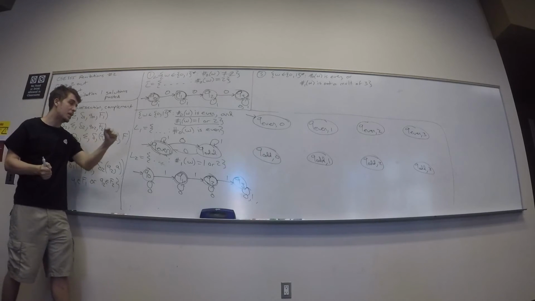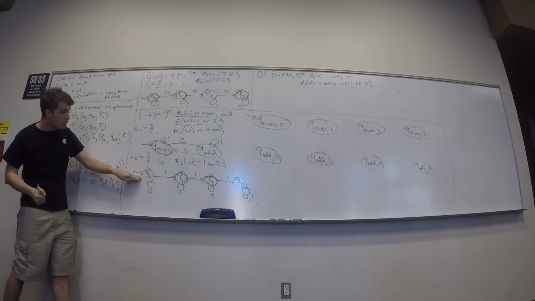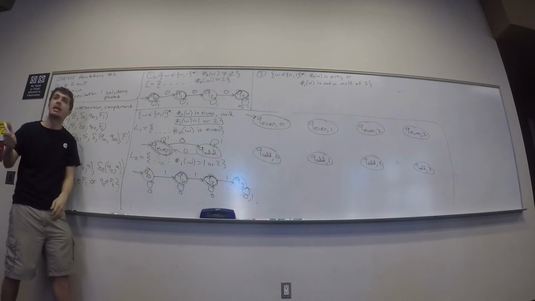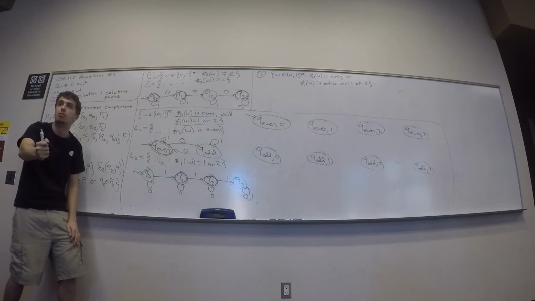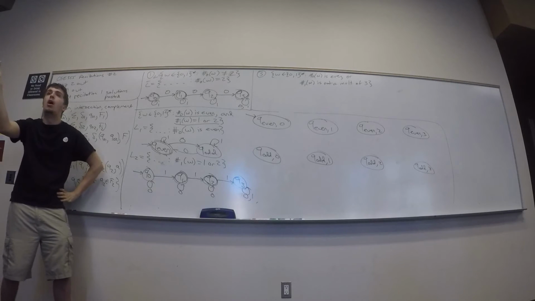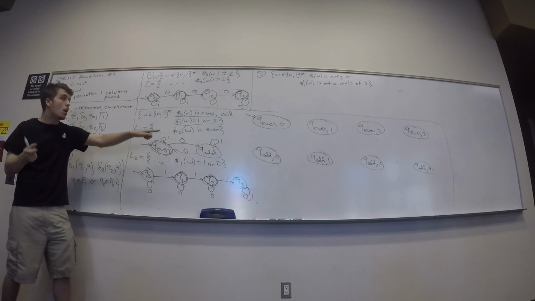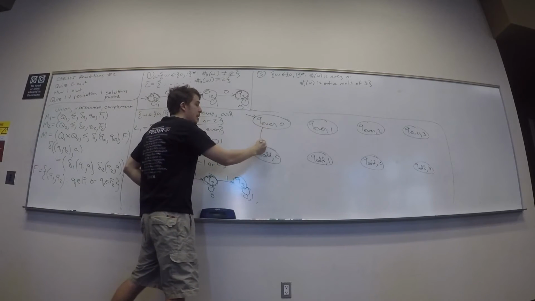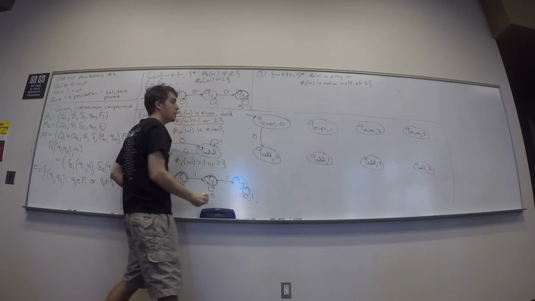Right? Q0 on 0, where does that go? Well, it does that self loop, so I'm going to write down 0. So the whole thing I wrote down is odd and 0. Oh, and I have that state right there. So even 0 is going to come down to odd 0 on input 0.